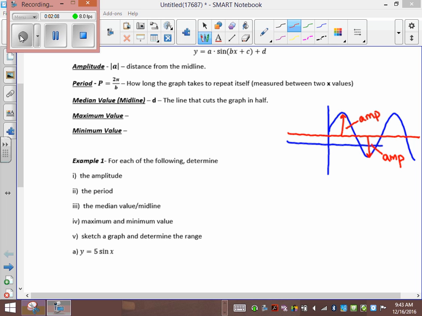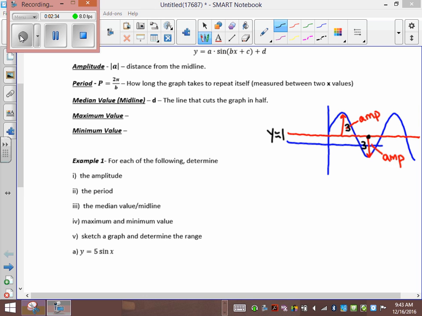So if I knew the median line value, say it was 1, and I knew my amplitude was 3, and this was at y equals 1, how could I get the minimum and the maximum? If I know my median and I know my amplitude, how can I get my minimum and max? Right.